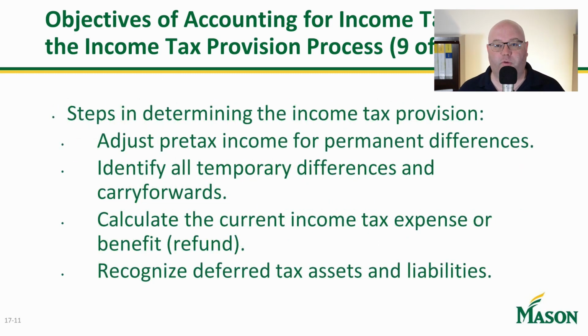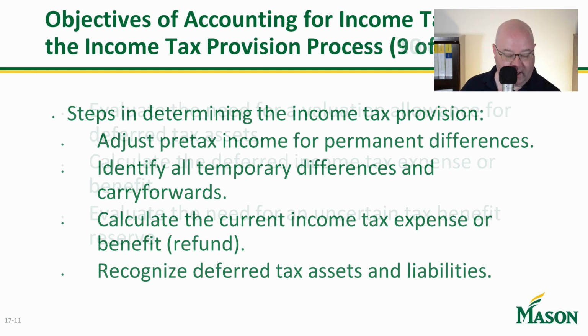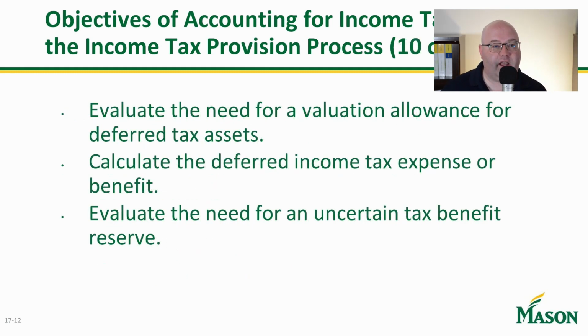Okay, so steps in determining the provision. You're going to adjust pre-tax income for permanent differences. Obviously, those are gone. Identify all temporary differences and carry forwards. And then you're going to calculate the current income tax expense or benefit and then recognize deferred tax assets and liabilities. That's going to be kind of the process that you're going to go over, and that we'll discuss in greater detail. Evaluate the need for a valuation allowance for DTAs. Calculate the deferred income tax expense or benefit, and then evaluate the need for an uncertain tax benefit reserve.